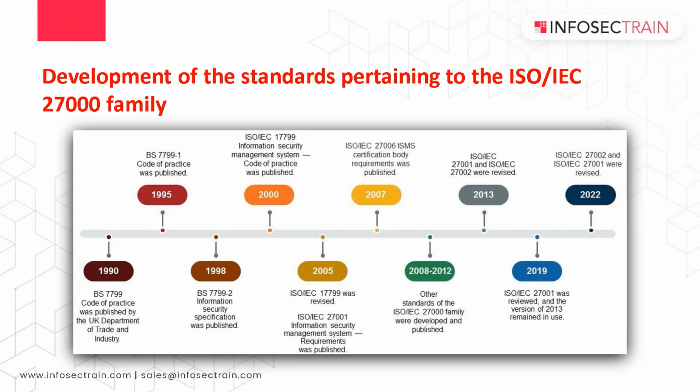The first information security standard was given by the UK as a British standard in the year 1990. The UK Department of Trade and Industry published a code of practice under the name BS 7799, a code of practice published by the UK Department of Trade and Industry.